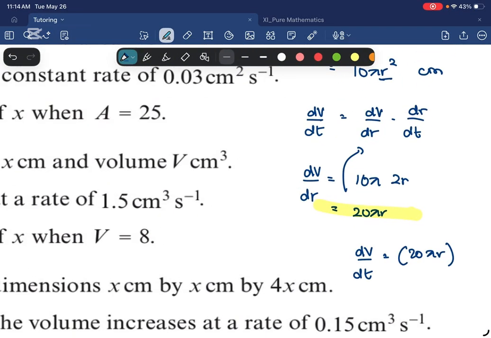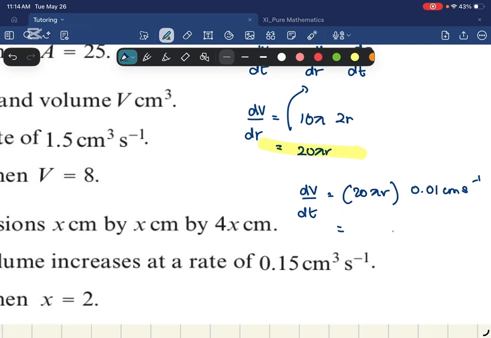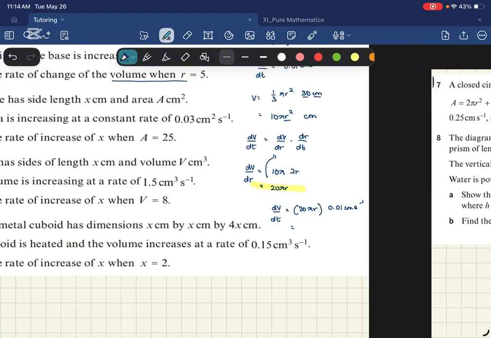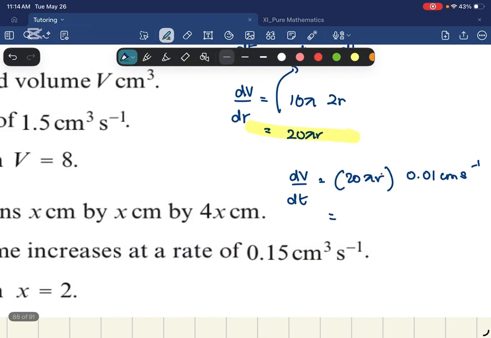That is 0.01 centimeters per second. And now if you solve this, it says r is equal to 5. So just substitute 5 here. You get 5 times 20 is 100 times, this is 1 over 100. So actually, these will cancel out and you will get pi centimeter squared because r is 5 centimeter.